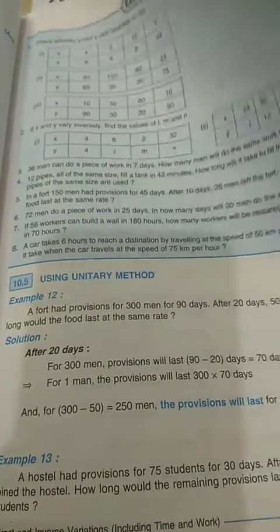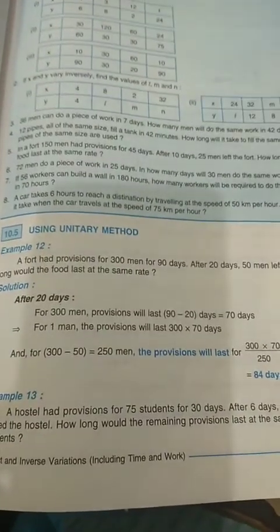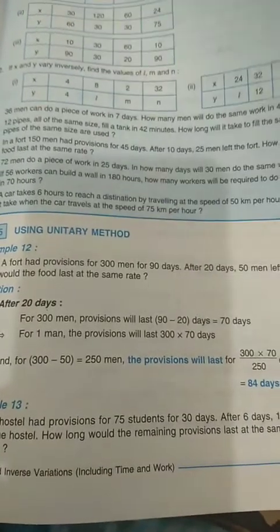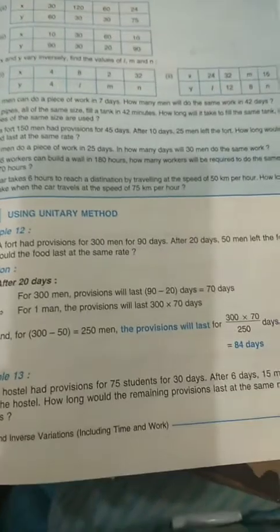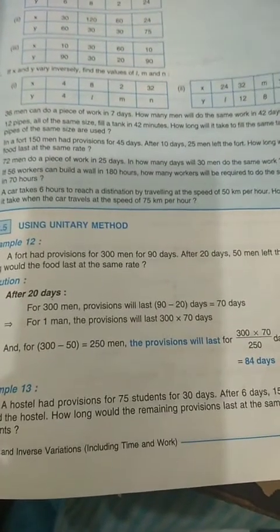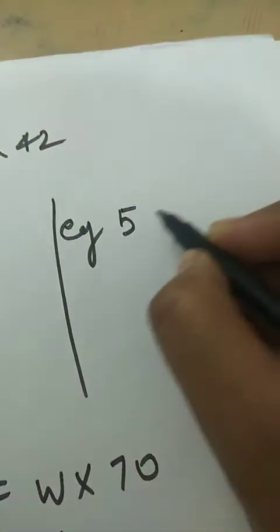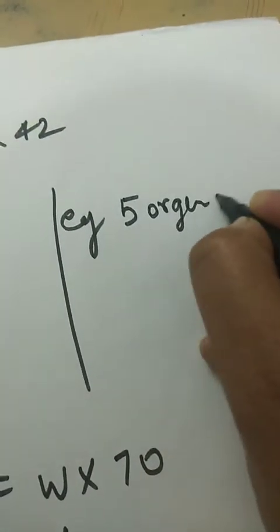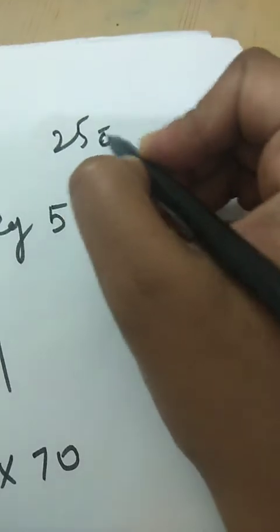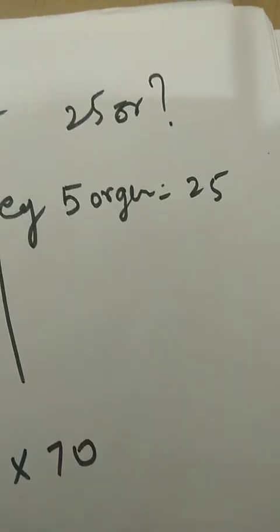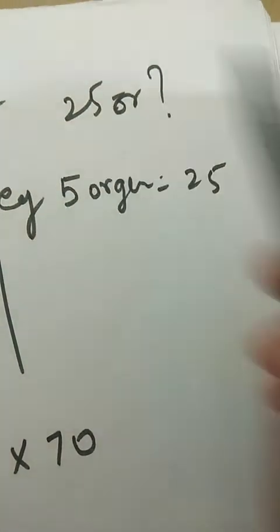Then the next part is the unitary method. In the unitary method, the value of so many things is given, and then some number will be given to you, and you have to find the value of that. I can explain this with an example. Suppose 5 oranges cost rupees 25, and it is asking how much 25 oranges cost. 5 oranges cost is given as 25, so you have to find the value of 25 oranges.